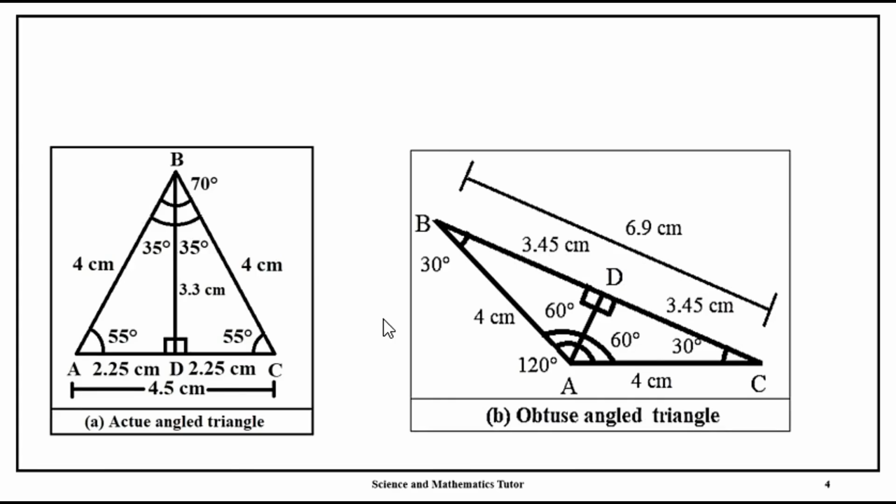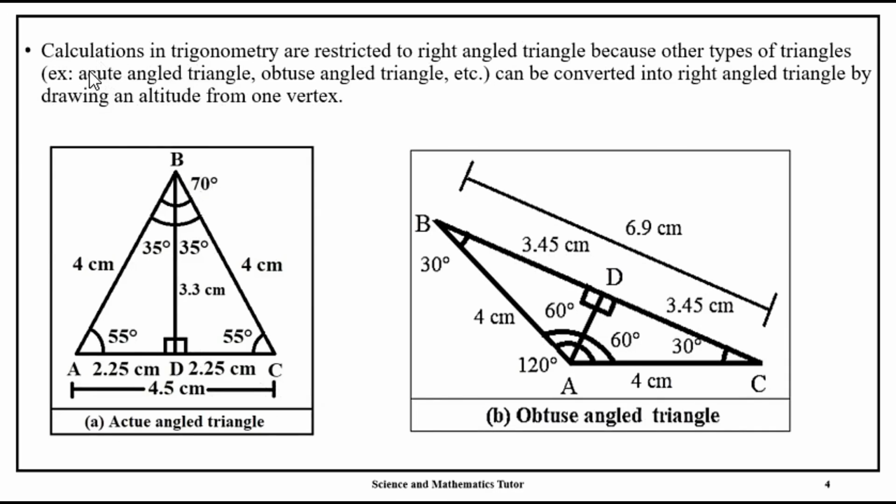In order to make it easier for us, the calculations in trigonometry are restricted only to right angle triangles. The same thing is written here. Calculations in trigonometry are restricted to right angle triangles because other types of triangles such as acute angle triangle, obtuse angle triangle, etc. can be converted into right angled triangles by drawing an altitude from one of its vertices.